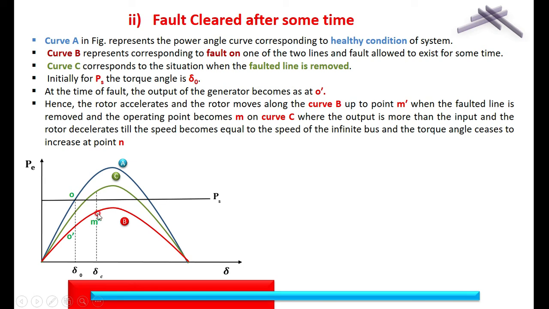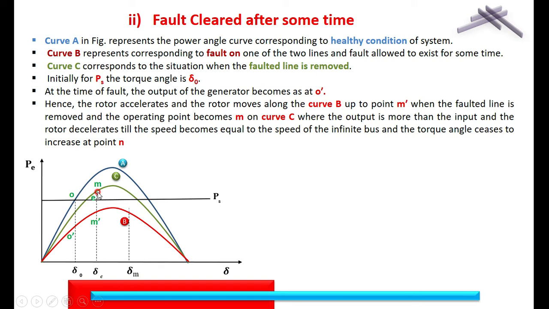Then suddenly the operating point will shift to M. Because the fault is there in the system for some time, the operating point shifts towards M dash. When it reaches M dash, the fault is cleared, then the operating point shifts to N.